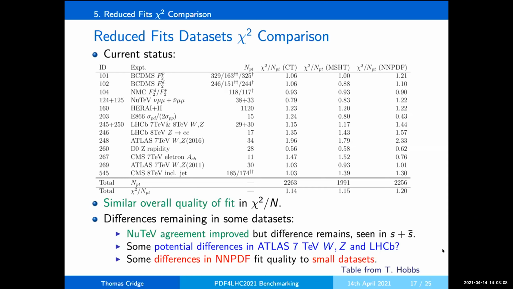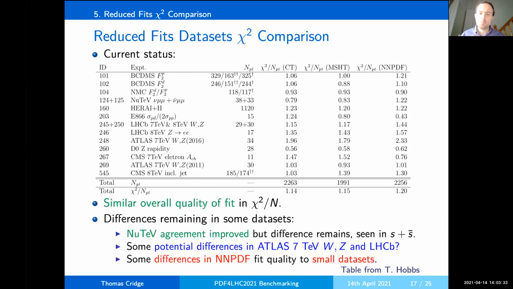I agree. So maybe a quick follow-up question then. In these fits, are you using the same theory predictions? So I guess the chi-square definition is also the same. Yeah, we have looked into a few of these issues. We've mainly looked into the data sets I've considered. In terms of the theory predictions, what we can do is compare the PDF4LHC comparisons, because that tells you the theory-data comparisons directly themselves.